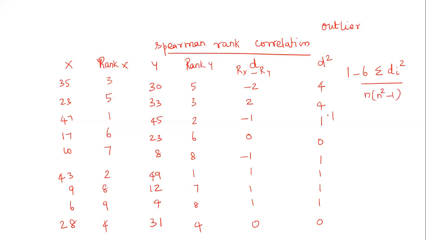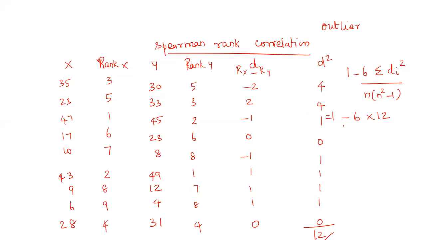So it is 1 minus 6 into 12, since the summation gives 12, divided by n is 9, 9 into 9 square of 81 minus 1. So the value is 0.9. This is the Spearman correlation.